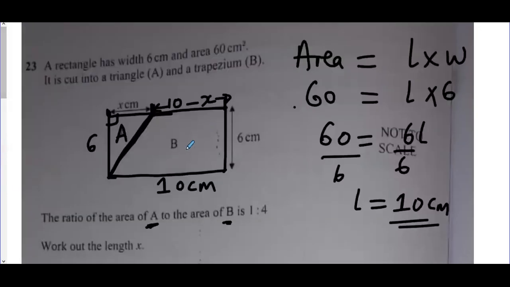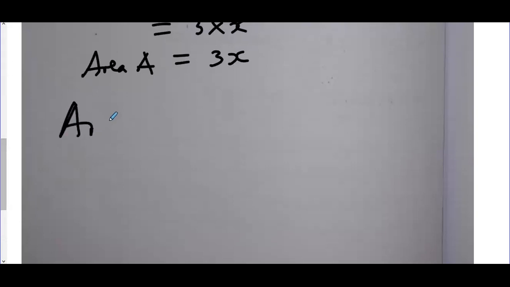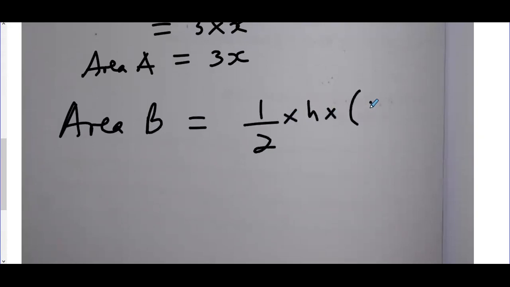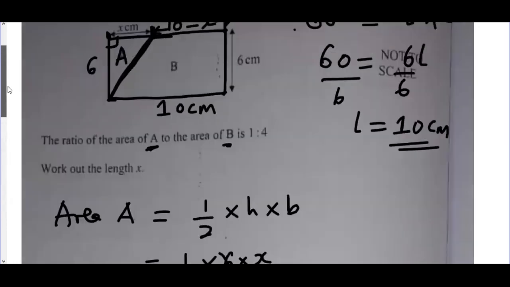How about area B? Area B is clearly a trapezium, and the area of a trapezium is a half times height times (A plus B). Now, what is A plus B and what is H? Let us go back to the diagram.